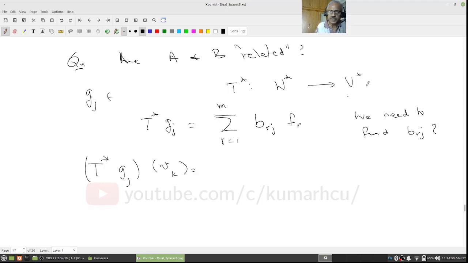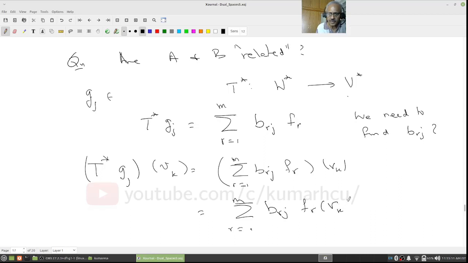Notice that this is a linear function on V star and V1 to Vm is the basis for V. Therefore I want to operate on this. Therefore it is the sum of Brj Fr, r equal to 1 to M, acting on Vk, but that is going to be the sum over r equal to 1 to M of Brj Fr on Vk.